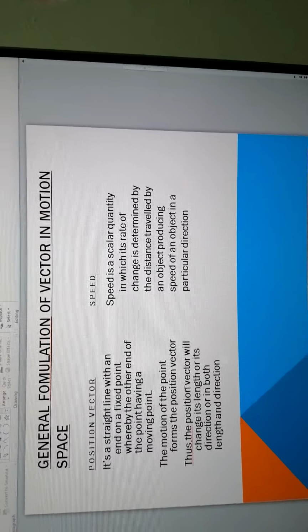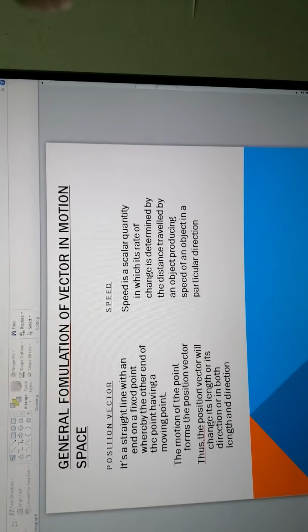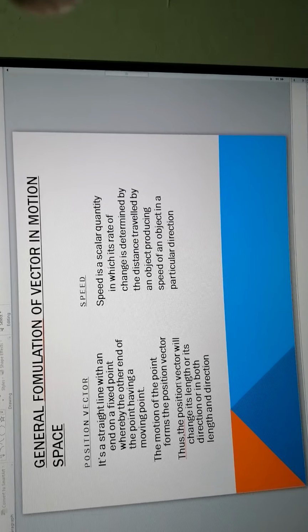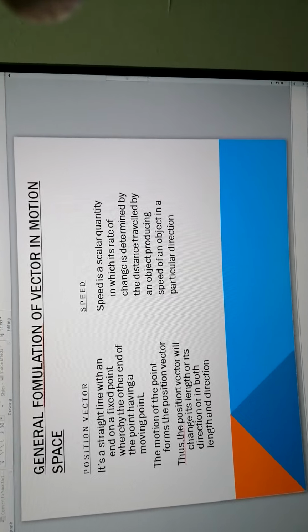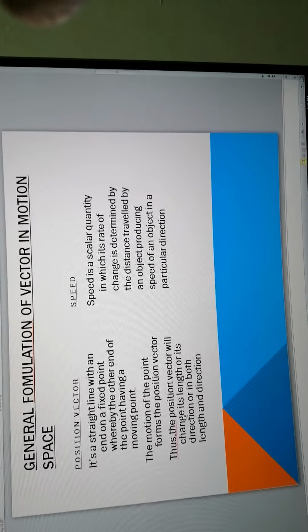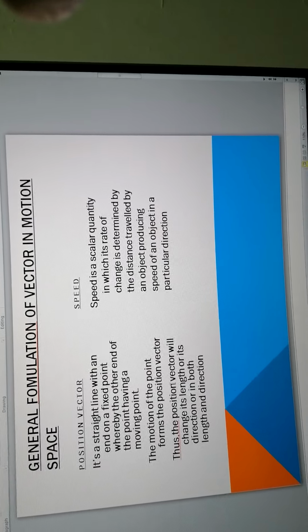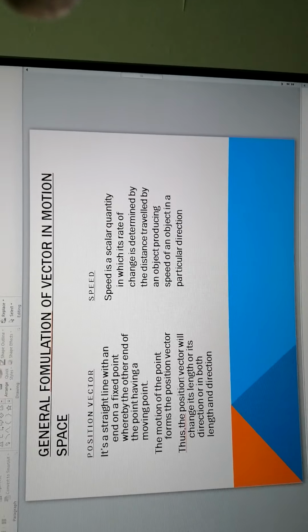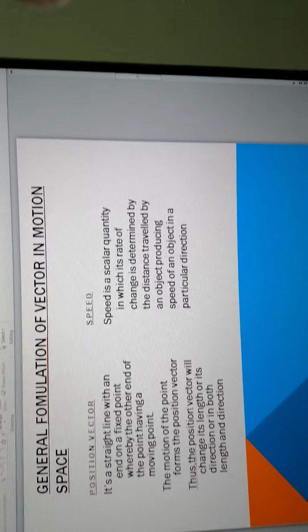The straight line comes from 2 points: one point which is not moving and the other point which is moving. As it moves, it forms 360 degrees as well as a 3D dimension all over the movement, or we call it motion.